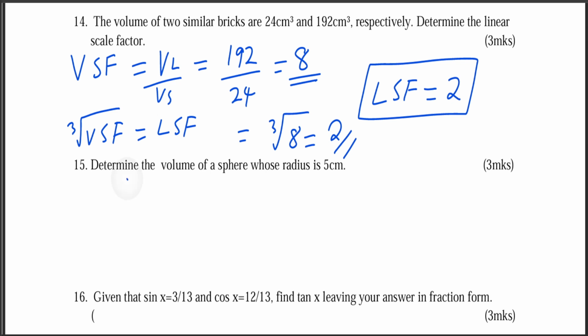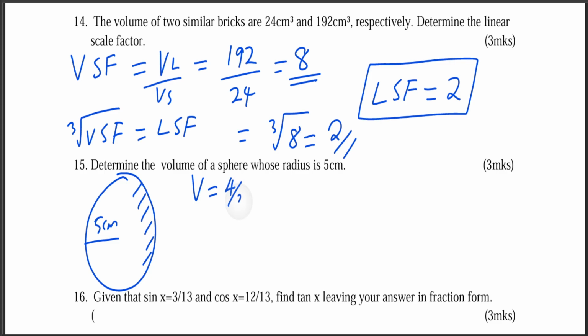Question 15, determine the volume of a sphere, which is this one, and the radius is 5 centimeter. So the volume of a sphere is normally given as 4/3 pi r cubed. So 4/3 times 22/7, or you can use 3.142, or pi itself, times 5 cubed.